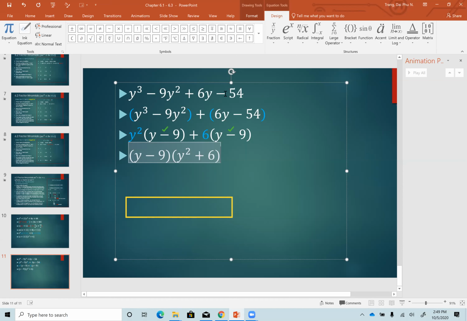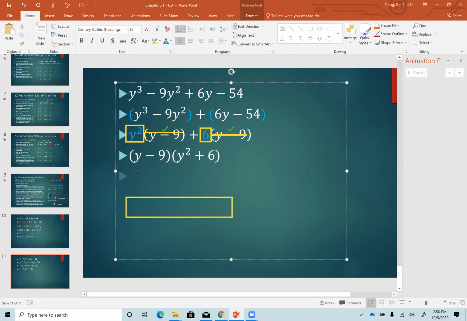If I took y minus 9 to the outside, do you see that I have a leftover of the y to the second, which is in blue, plus 6? And that is my answer: y minus 9, y squared plus 6.